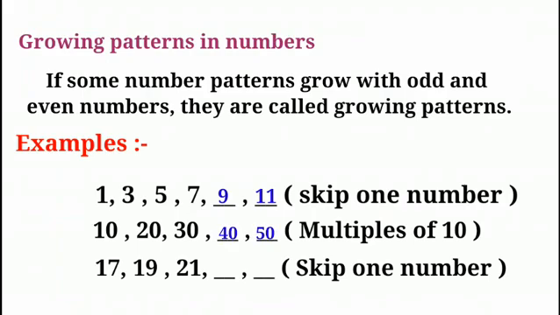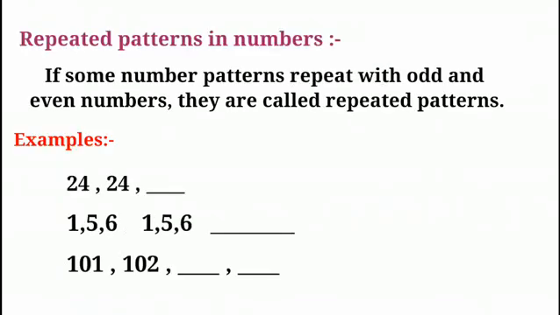Third question: 17, 19, 21. Can you guess the next two numbers? Yes, 23 and 25. Next, repeated patterns in numbers. If some number patterns repeat with odd and even numbers, they are called repeated patterns.